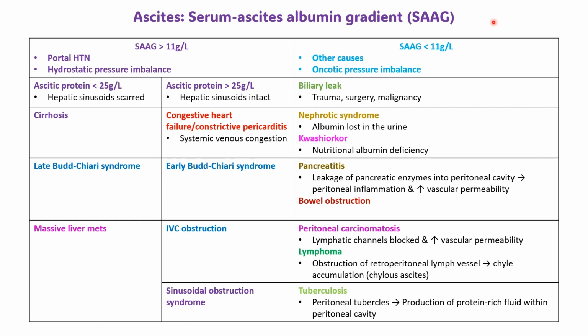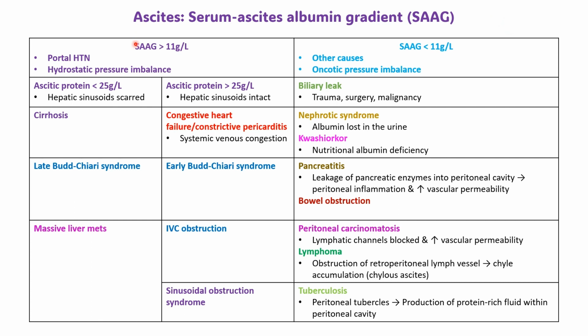So you can work out the concentration of albumin in the serum via liver function testing. And then you can also work out the concentration of albumin within the peritoneal fluid by doing a diagnostic paracentesis. And essentially this gradient helps us to determine the underlying cause of the ascites.